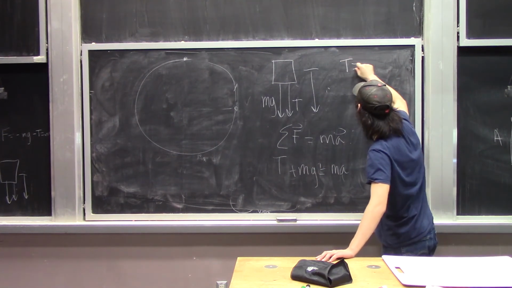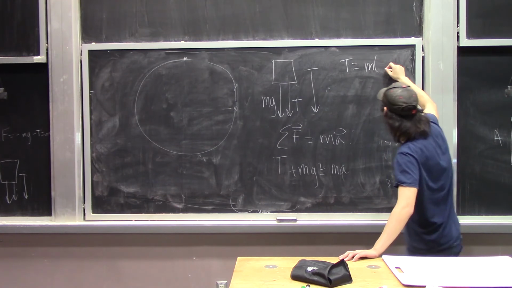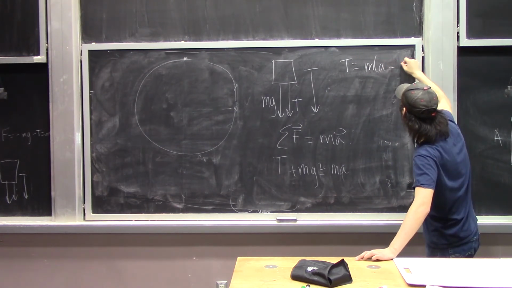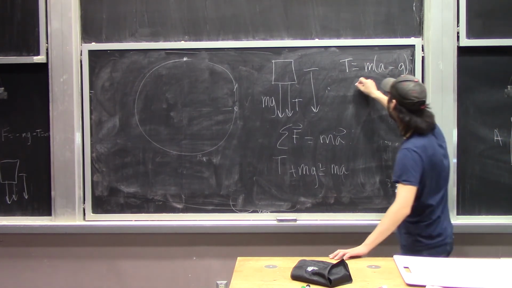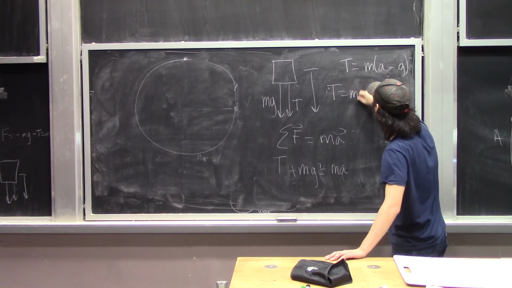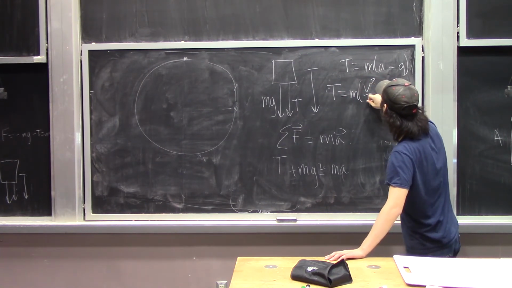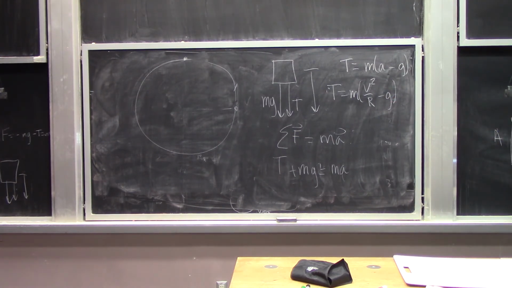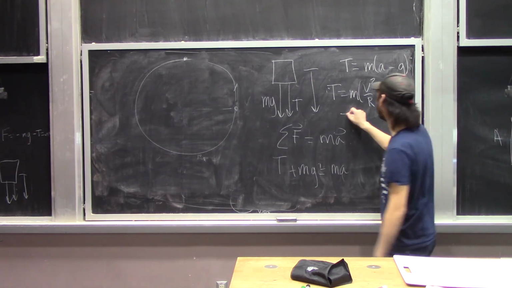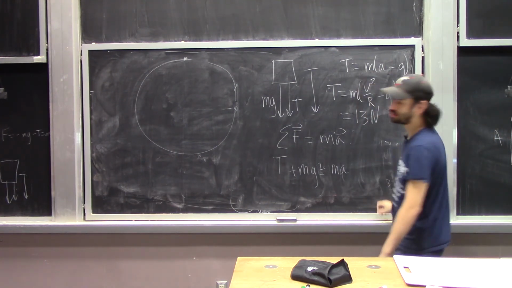This is going to be T is going to be equal to m times (a minus g). But we know something about the acceleration in this case because this is going around in a circle. This acceleration is the centripetal acceleration, so this says T is going to be equal to m times (v squared over r minus g). And now when you take this equation and you plug the numbers into this, you end up seeing that this is going to be 13 newtons, about.